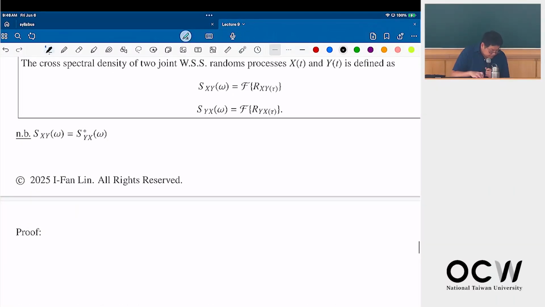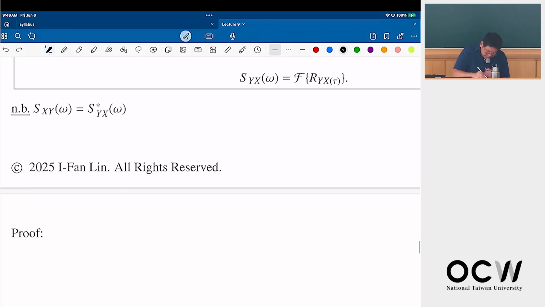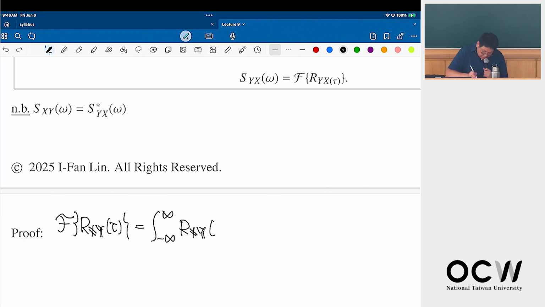So if I take the Fourier transform of the cross correlation of XY, let's see what happened. By the definition of the Fourier transform, we have R XY tau, exponential minus j omega tau d tau.